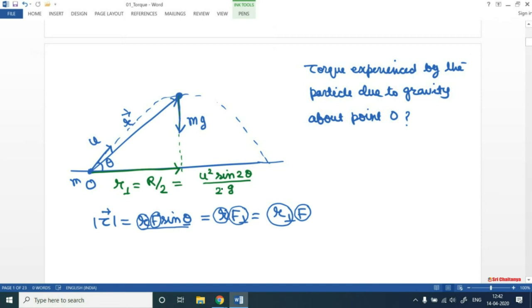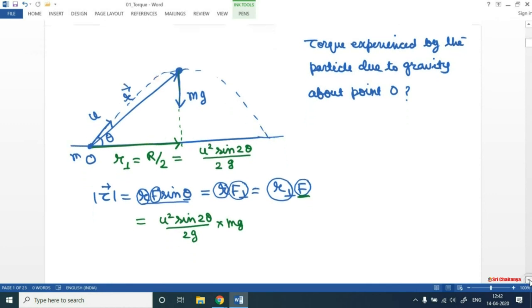Now we can substitute this result over here, and the magnitude of F is mg. So that would be u square sine 2 theta by 2g into mg, and that would be your answer. Obviously, g will get cancelled. So this is one of the questions.